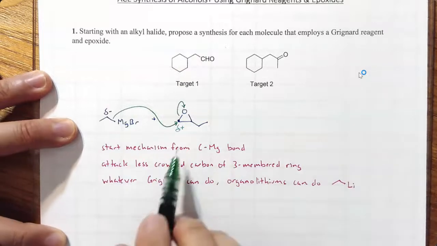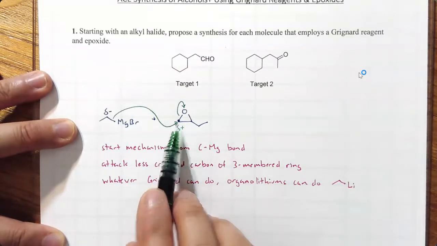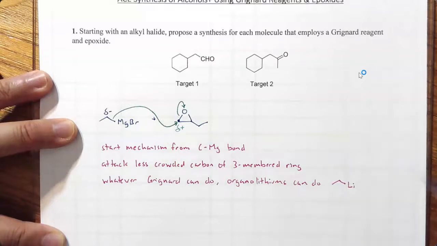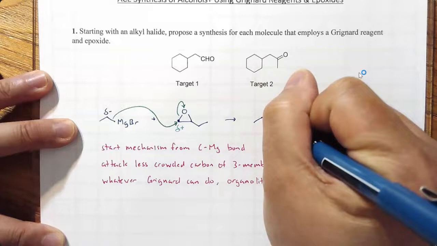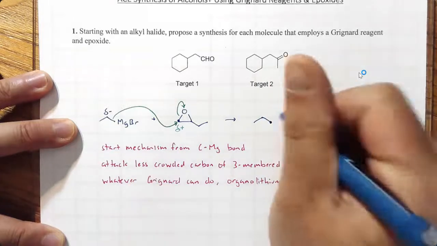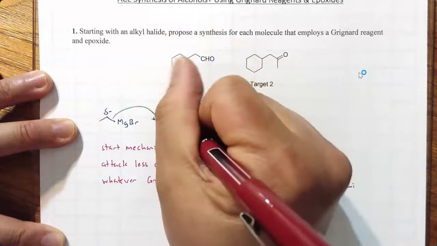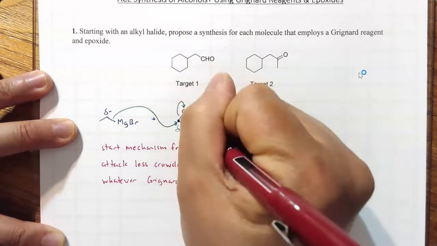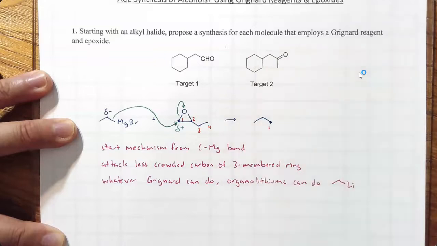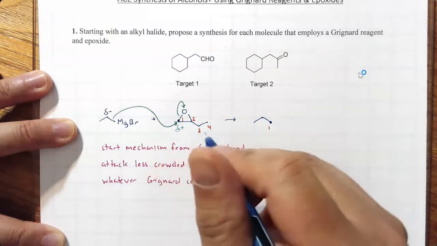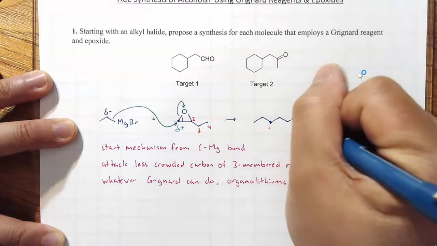If you are drawing the mechanism, make sure you break the correct leg of the triangle to get that dot back to 4 bonds, and we have this. We attack the dot. That dot is connected to, why don't I also number at least these 4 carbons. So we attack the dot, but that carbon number 1 is connected to 2, which is connected to 3, which is connected to 4.